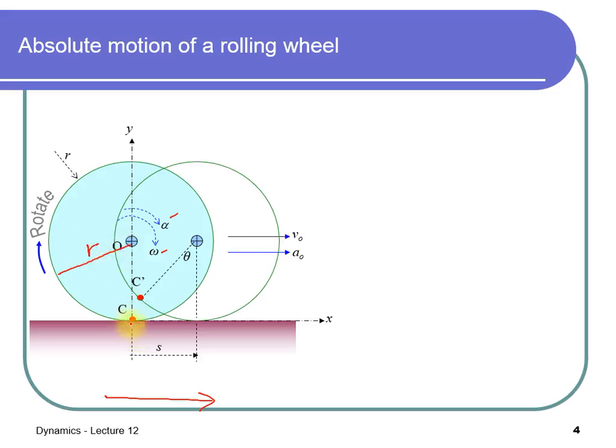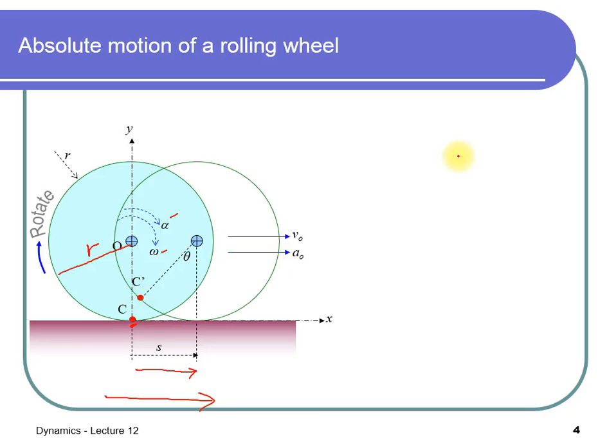If you look at this point C over here, at the time when the disc has moved a distance of s, point C is already repositioned according to this picture as C prime.